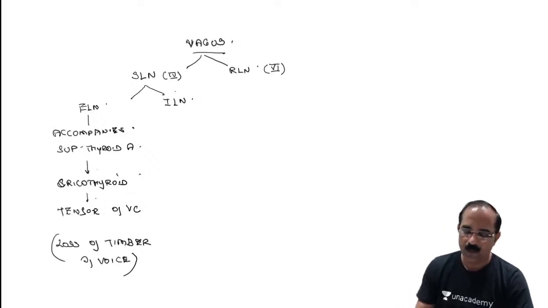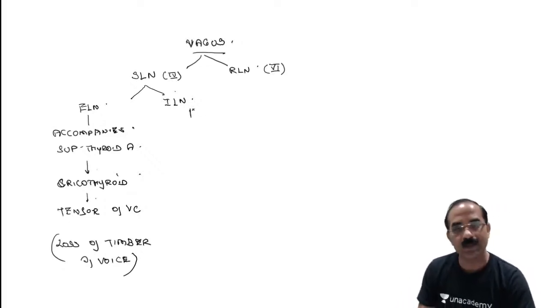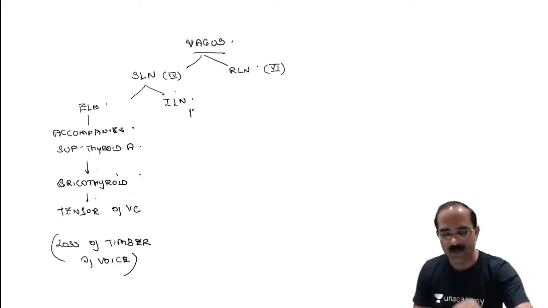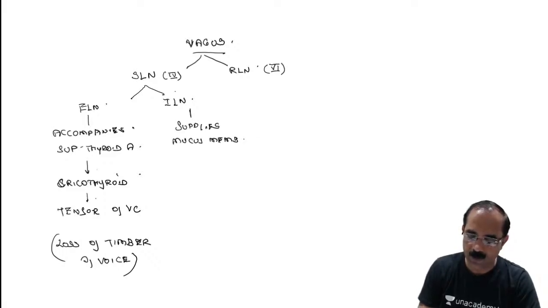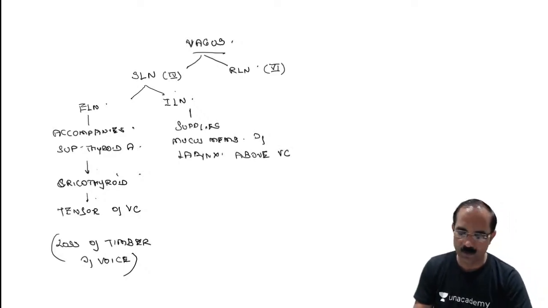Okay? Now, internal laryngeal nerve. Now internal laryngeal nerve is sensory. This is sensory, this is motor. Internal laryngeal nerve supplies mucous membrane. Sensory, right? It supplies the mucous membrane of the larynx above the vocal folds, above the vocal cords.